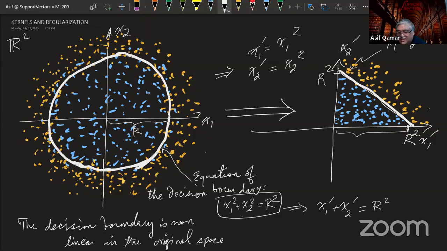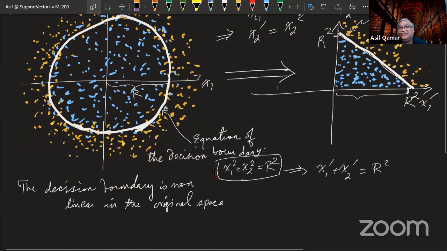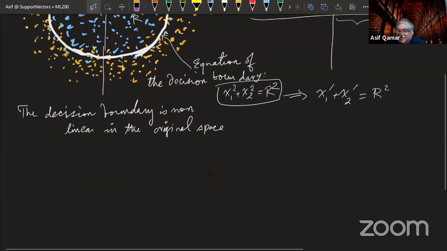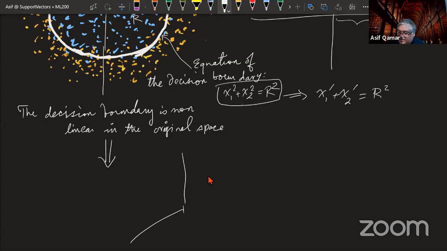Now, there is actually another way of looking at it. Suppose I created one more measure. This is two-dimensional, guys. If I look at it in 3 dimensions, let me create an x3 dimension, think of it as z rather.